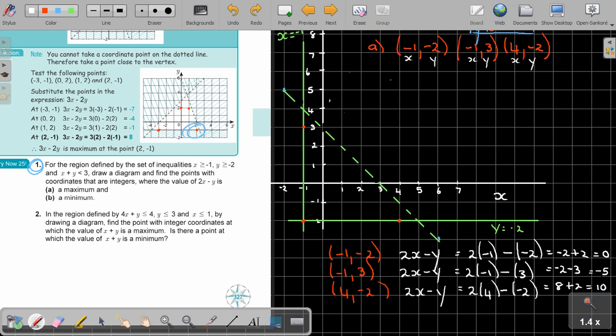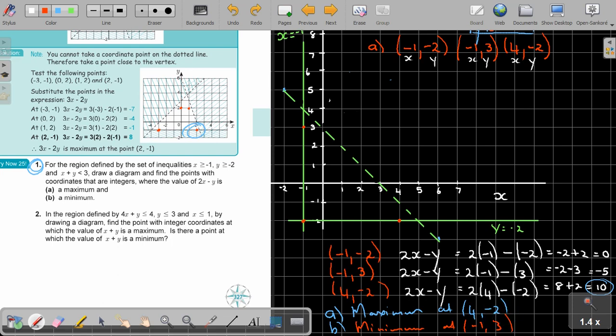Okay, so if I look at these values, then I will say, therefore, this is your maximum at 4 and -2, and it will have a minimum at -1 and 3.